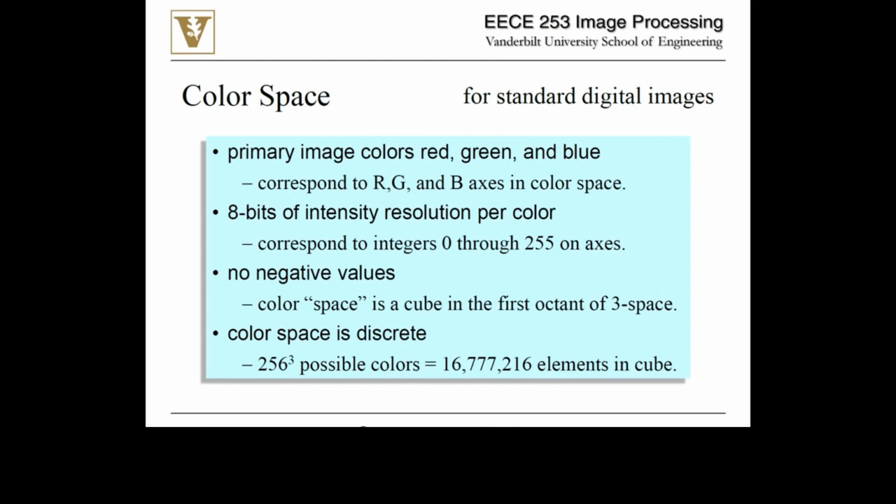Then, if I have 3 components in a vector, how many possible colors are there? How large is my lattice? It has 16 million entries. So in this cube, within R cube, I have 16 million points, 16 million colors that I can represent with 8 bits.